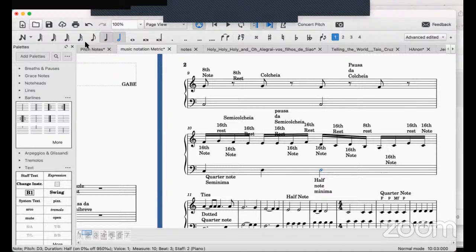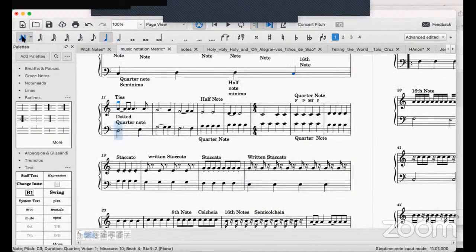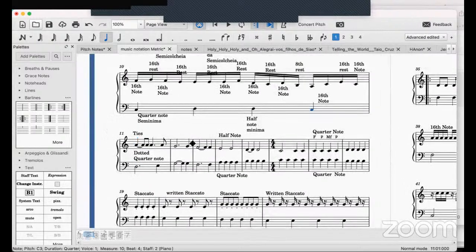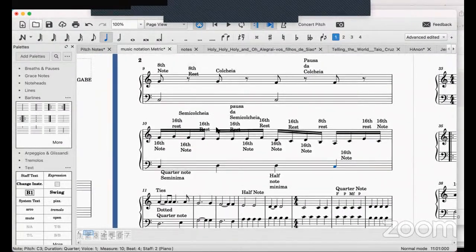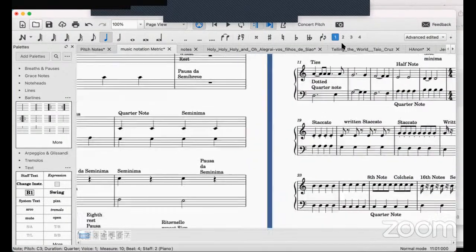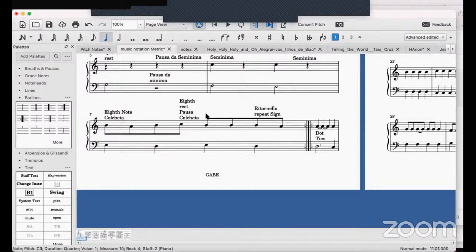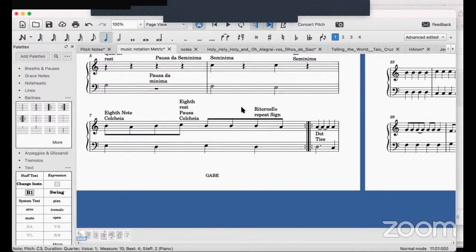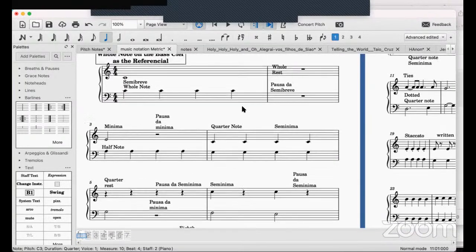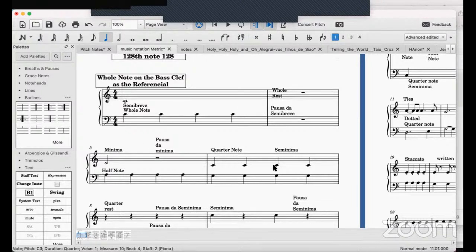Let's add the quarter note here. Ta ta ta ta ta ta ta ta. And the eighth note of the crochet, ta ta ta ta. The quarter note or semínima. Ta, ta, the minim.